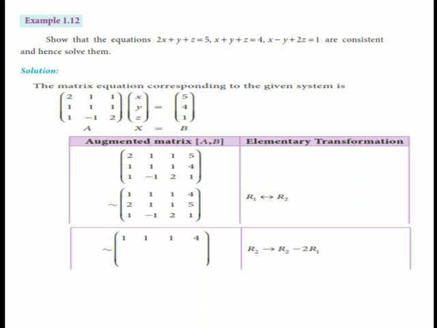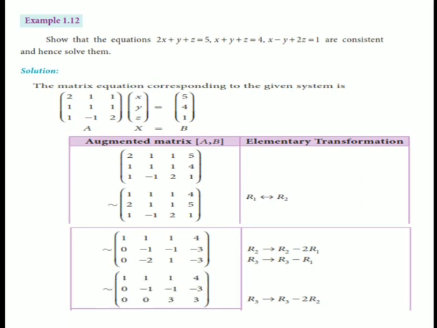Next step, R2 minus 2 R1, you get 0, -1, -1, -3. Next R3 minus R1, you get 0, -2, 1, -3. Next you change R3 minus 2 R2, you get 0, 0, 3, 3.